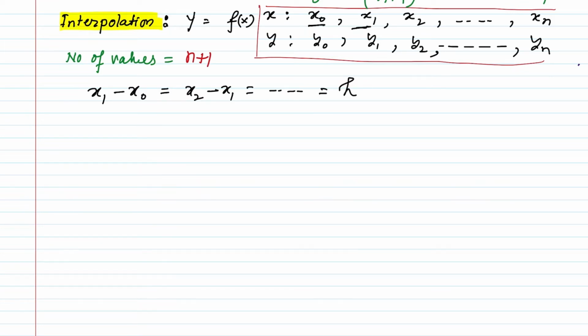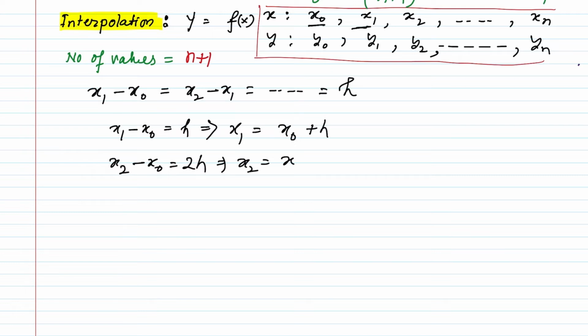So now you see, if you consider x1 minus x naught is equal to h, which implies x1 is equal to x naught plus h. Similarly, if you take x2 minus x naught, then it will be definitely twice h, and that implies x2 is equal to x naught plus twice h.